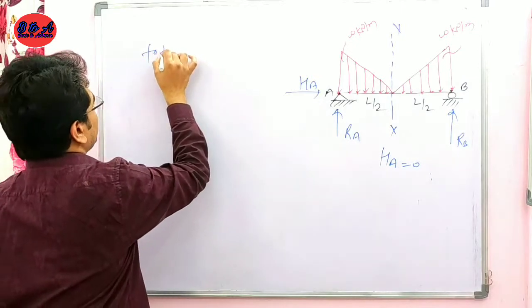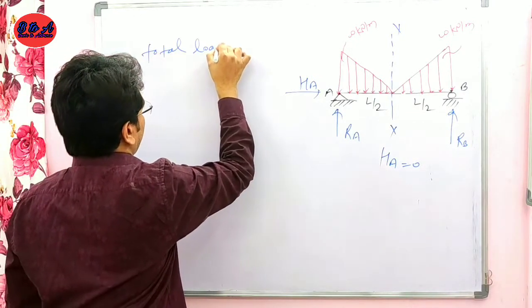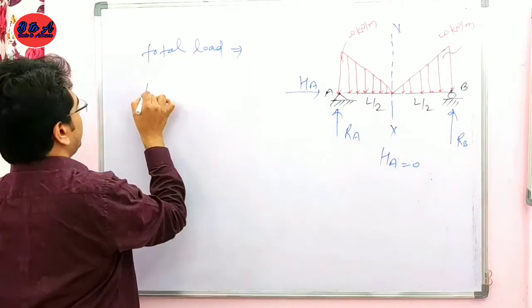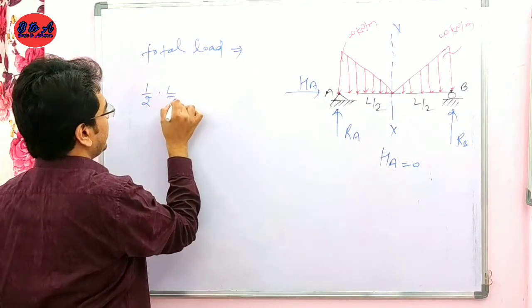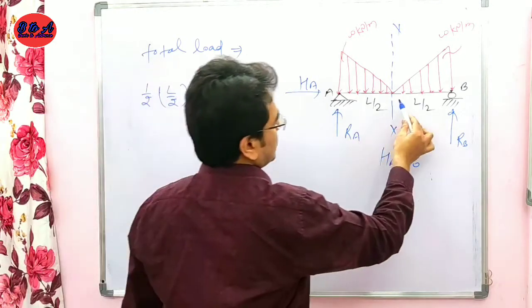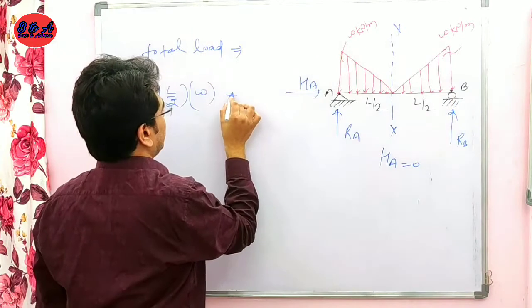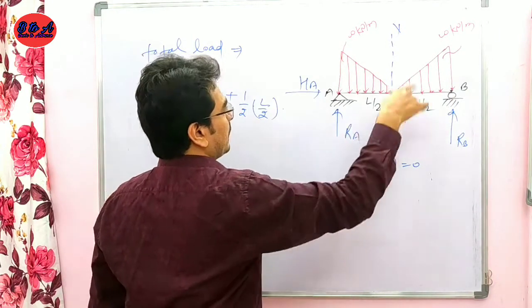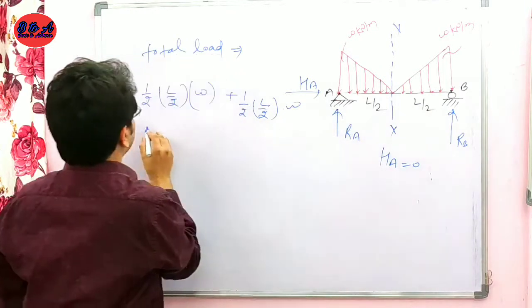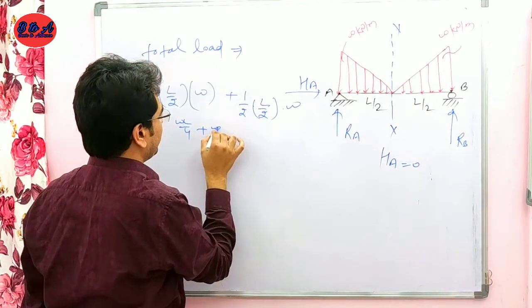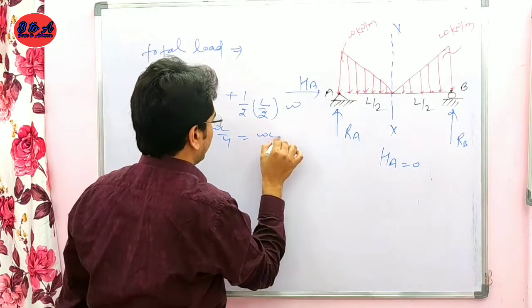तो टोटल लोड निकालते हैं. टोटल लोड इज इक्वल टू द एरिया ऑफ दिस ट्राइंगल, दैट इज द 1/2 ऑफ बेस ऑफ हाइट, दैट इज द W. नाउ this triangle, that is the 1/2 dot L/2 dot height, that is the W. So the total load will be WL/4 plus WL/4 is equal to WL/2.